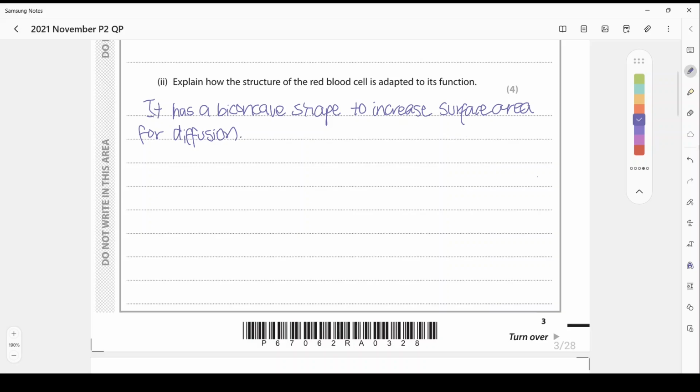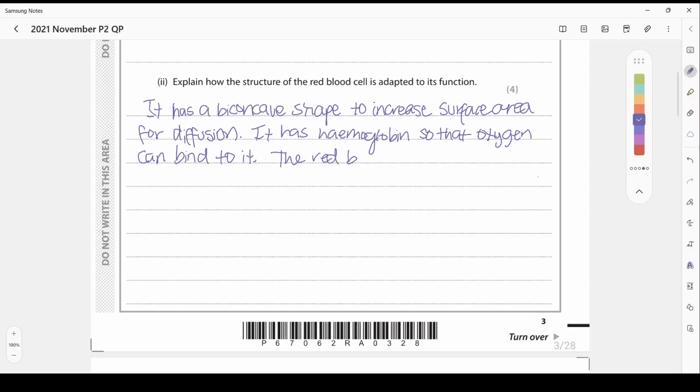So we also spoke about hemoglobin, right? So it has hemoglobin so that oxygen can bind to it. What's wrong with my pen? And then we also mentioned that there is no nucleus.